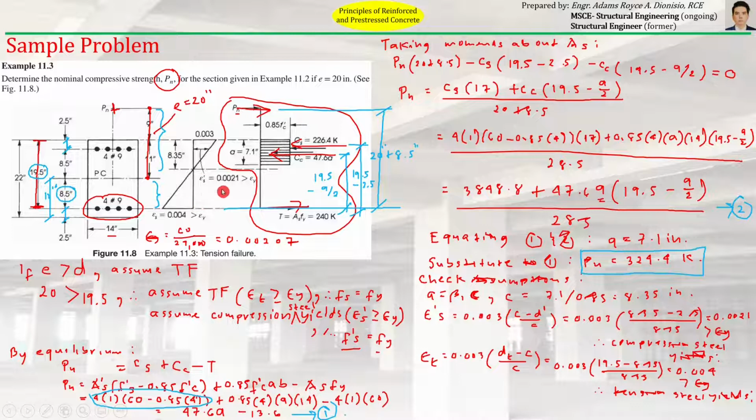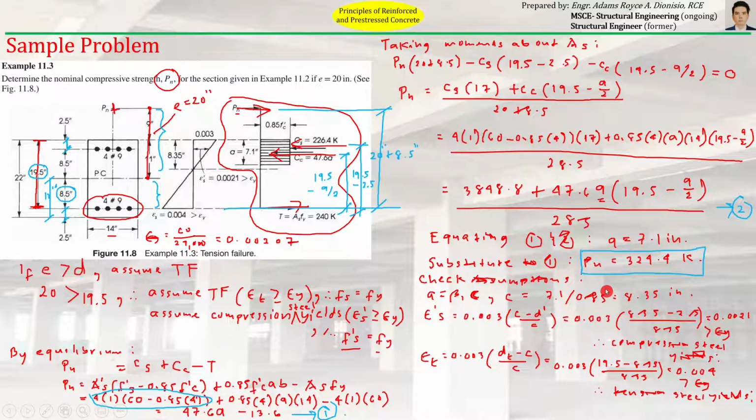Kung medyo pinapahanap pa yung mga ultimate strength, ganyan, you just have to multiply this by phi. Compute nyo lang yung phi base dito sa tensile strain na 0.004. So I think medyo familiar na kayo on how to do that. And then, multiply na lang dito sa Pn. Kung hinahanap lang din naman yun, yung phi Pn or yung Pu na tinatawag.